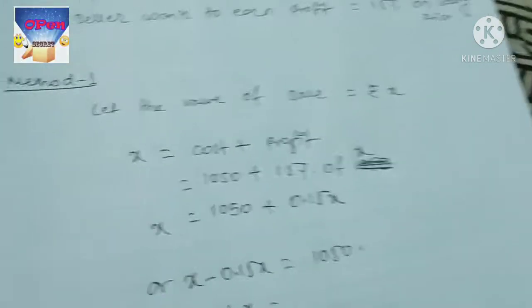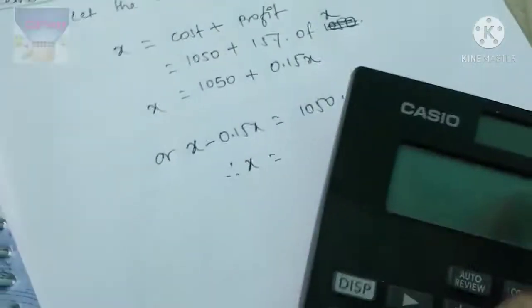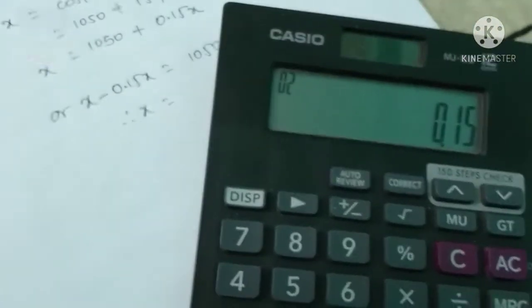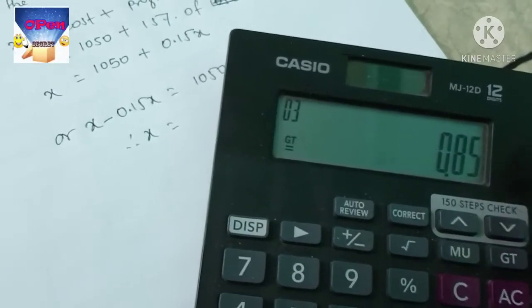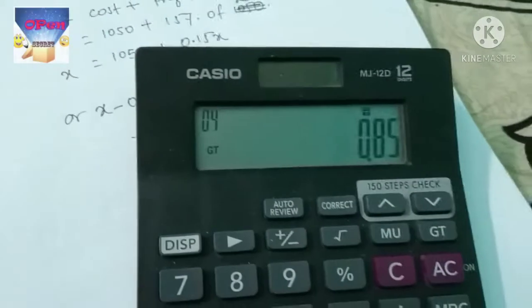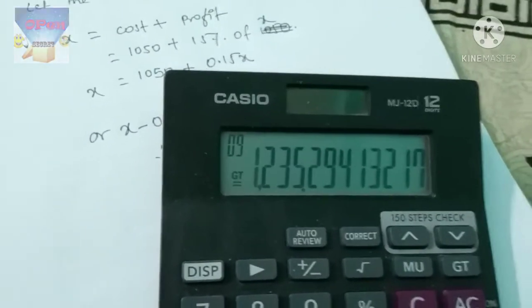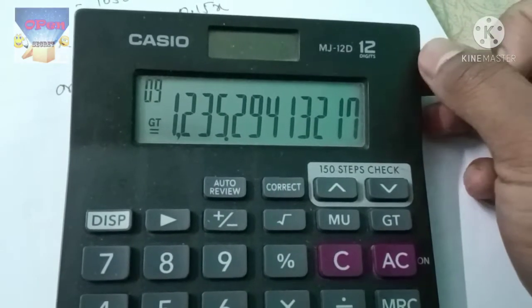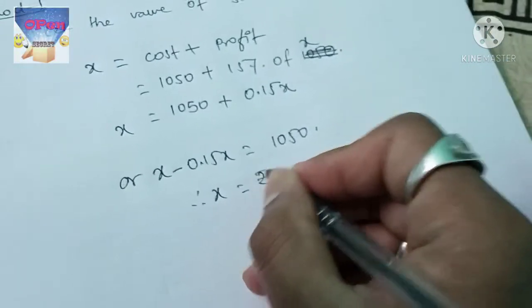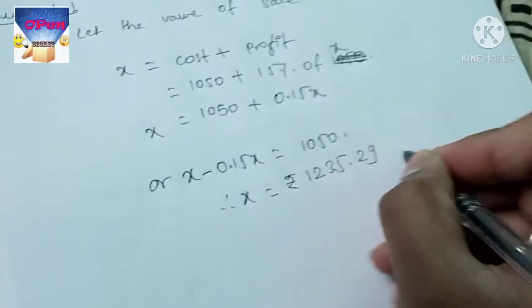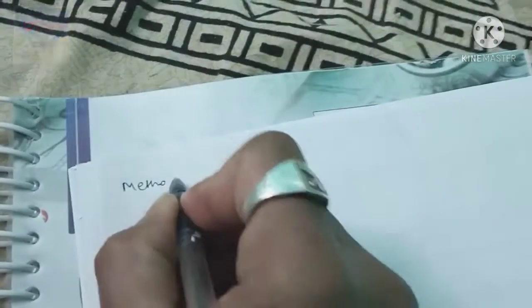Therefore x is equal to 1050 divided by 1 minus 0.15, that is 0.85, equal to 1235.29 rupees. 1235.29. This is the first method.